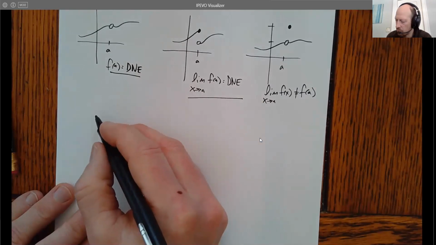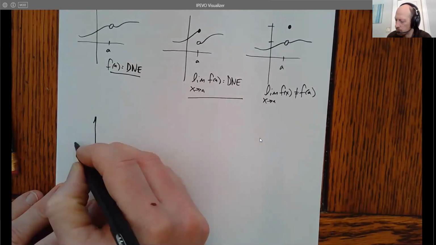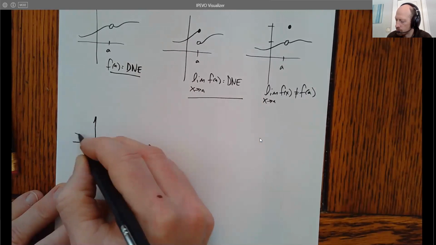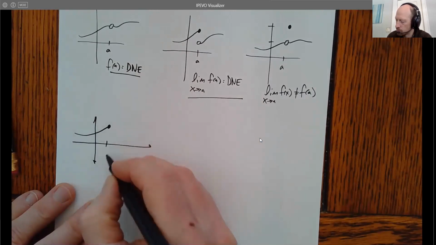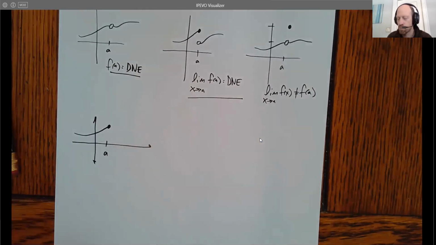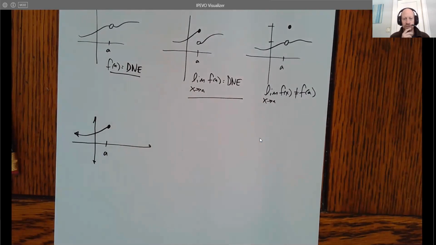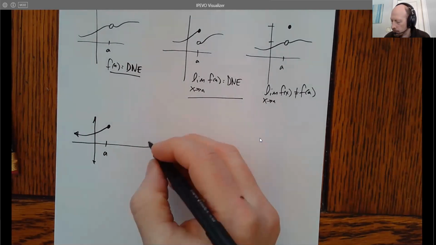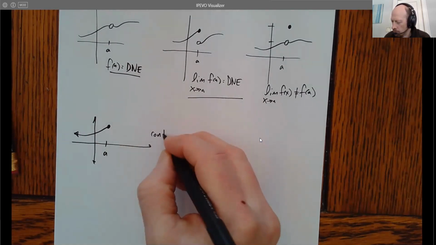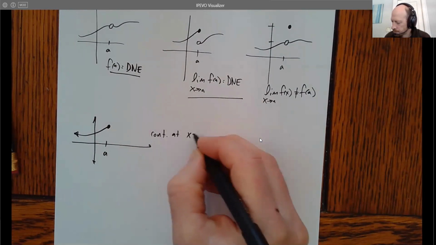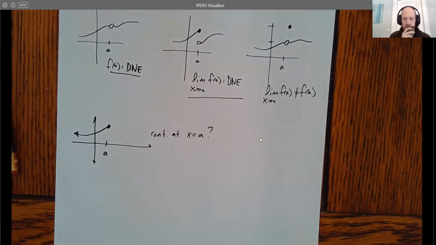What about this example? What about this function? We write continuous a lot, so we will abbreviate that sometimes.